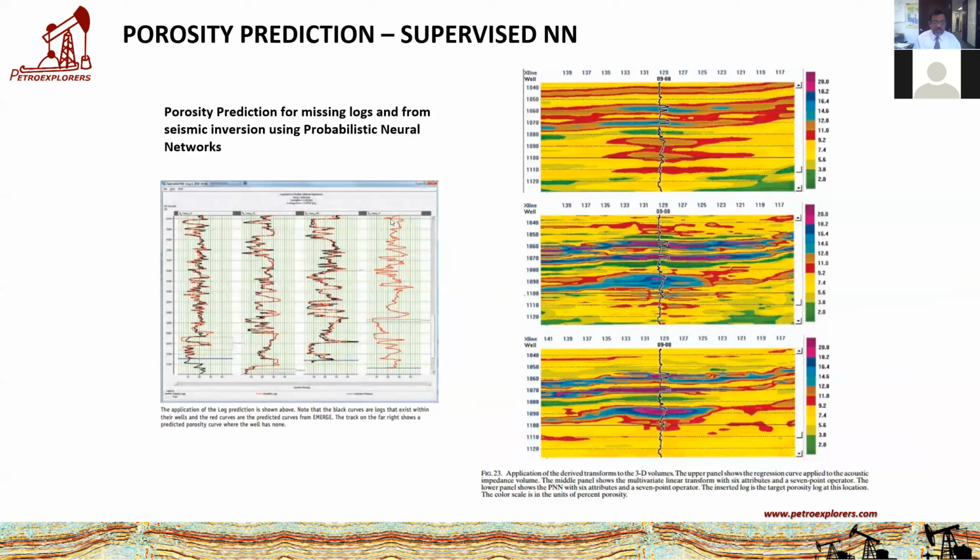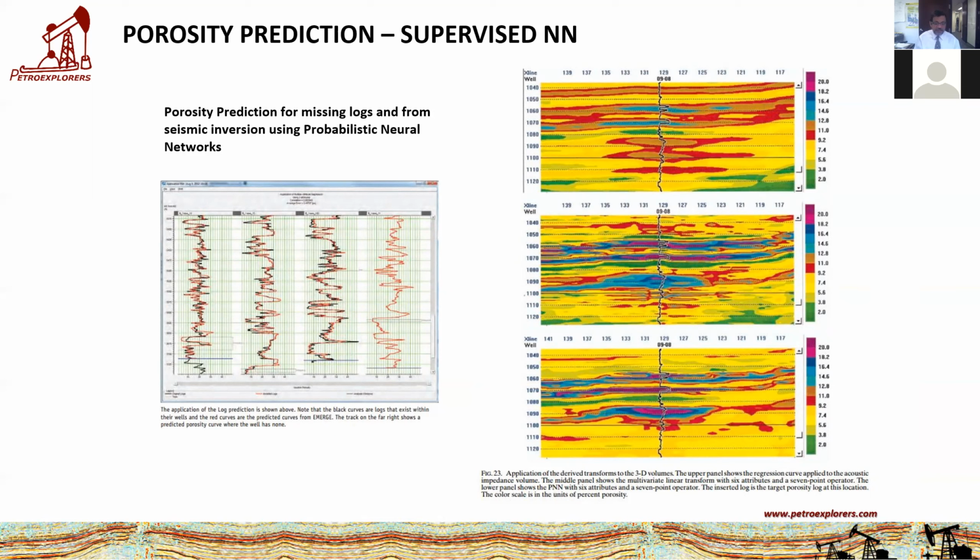It is a much better prediction if you can predict not only the log to log relationship, but also use the inversion, so you come up with porosity or shear wave logs based on inversion plus log prediction.